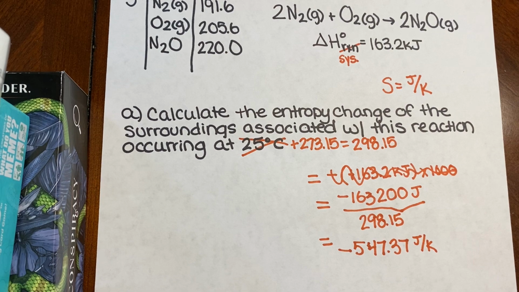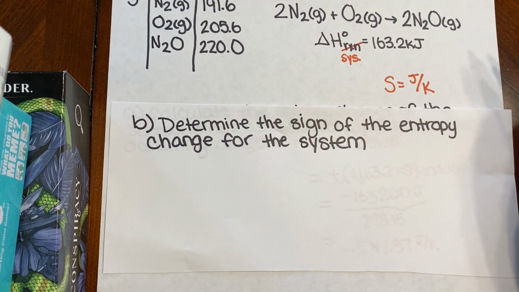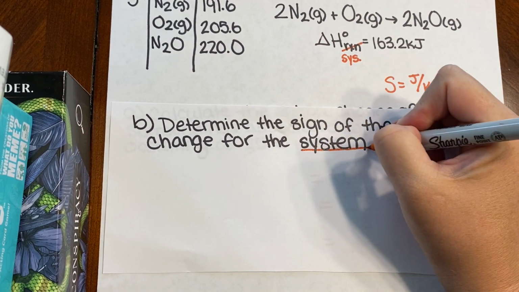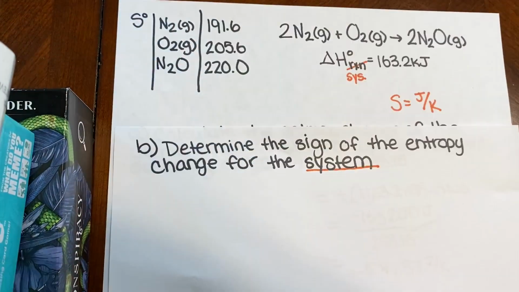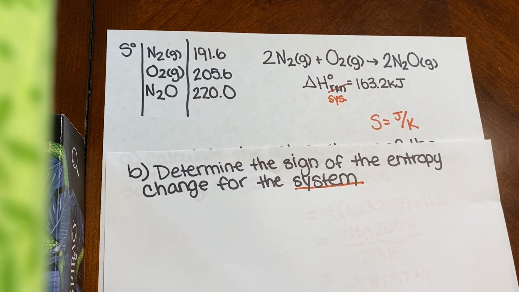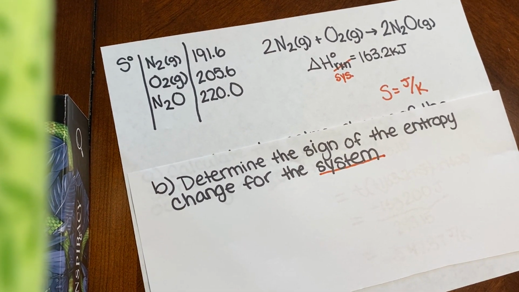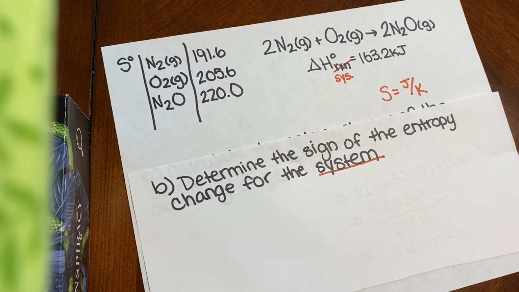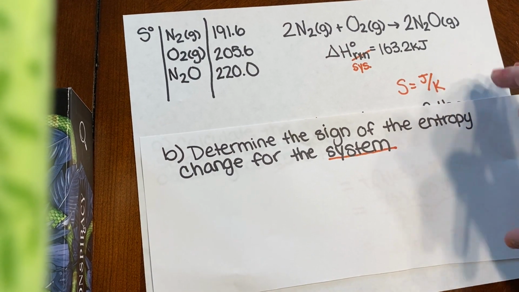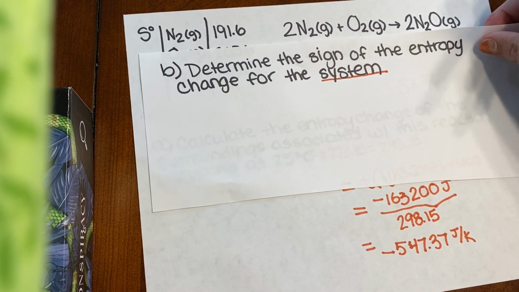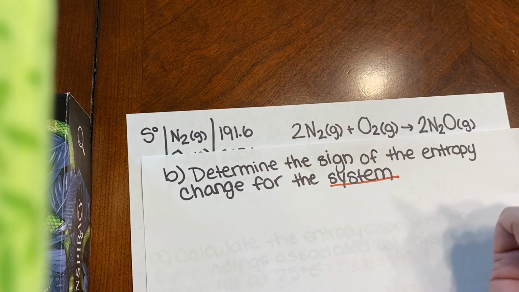All right, part B. Yes, there's a part B. Determine the sign of entropy change for the system. We're still not using these S values. To find the change for the system, it's even easier, friends. All we're looking at is the amount of moles. That's it. That's all we're doing. So in the reaction above, let's move this up a little bit. We have 2 moles of nitrogen.